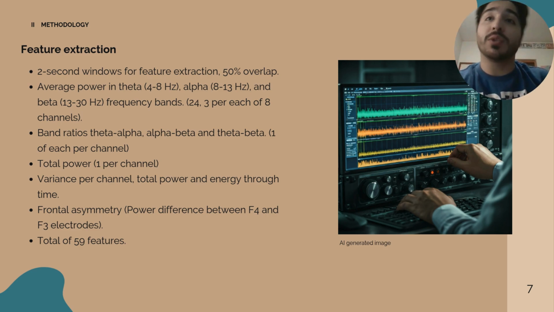Then we extracted the band ratios of theta alpha, alpha beta, and theta beta, one of each per channel, the total power in every channel, then the variance per channel, total power and energy through time, each per channel, and frontal asymmetry.